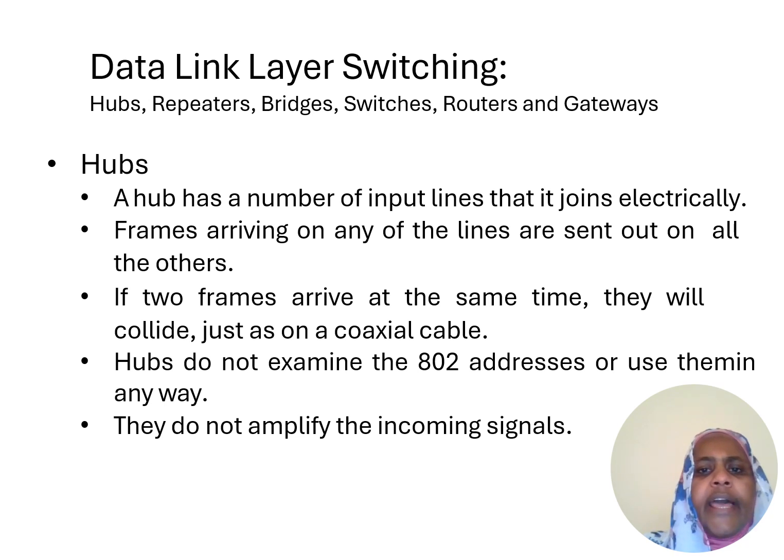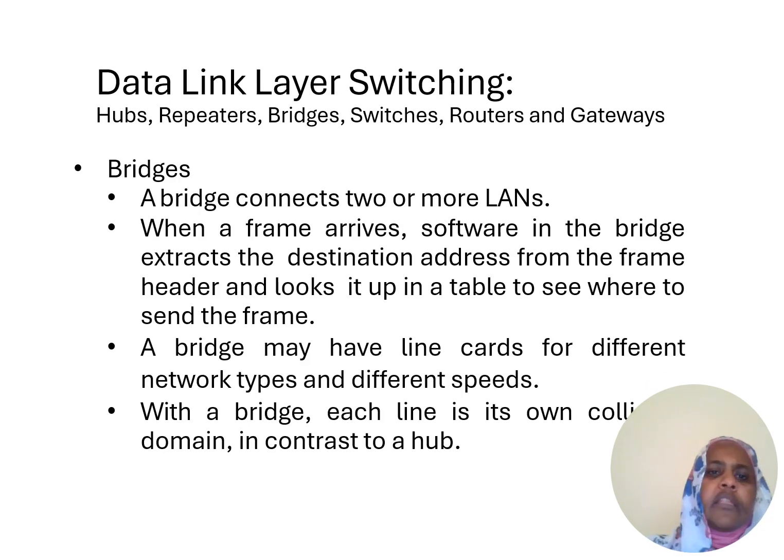A hub, on the other hand, is a number of input lines joined electrically. Frames arriving from any line are sent on all the other lines. If two frames arrive at the same time, they will collide, and the collision domain is all the stations connected to the hub. Hubs have nothing to do with MAC addresses or upper layer addresses, and they don't amplify incoming signals.